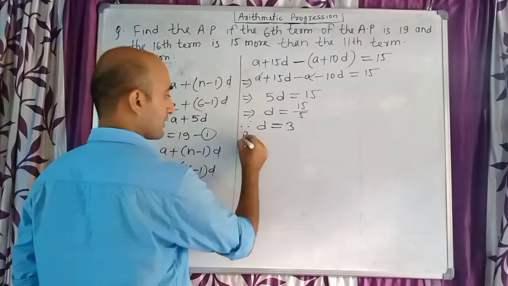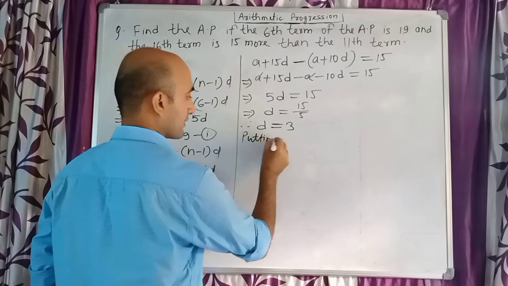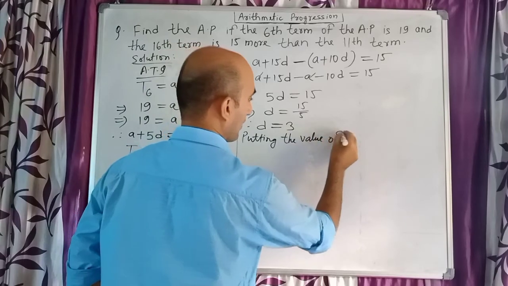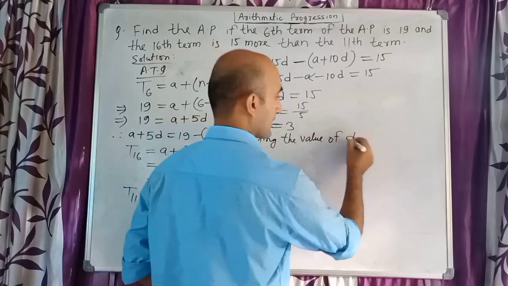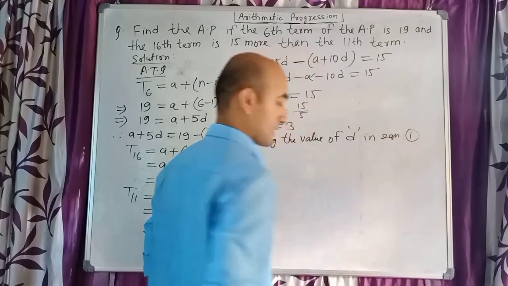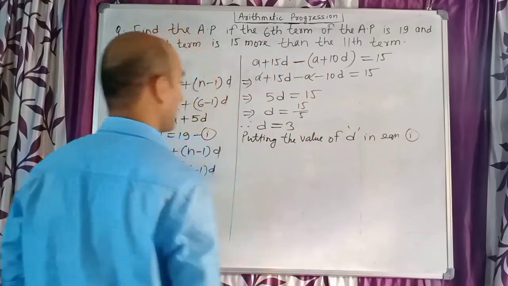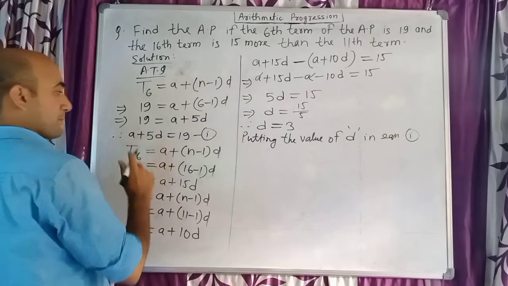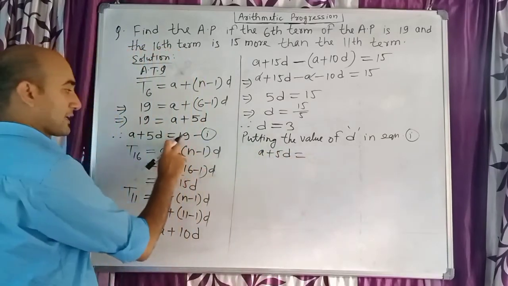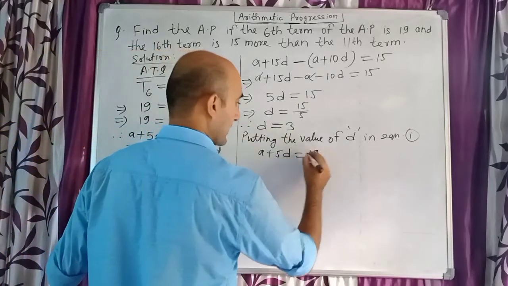So what will you write? Putting the value of d in equation 1. So we will use the value of d in equation 1. Equation 1 is a plus 5d equal to 19. So write equation 1 and put the value.